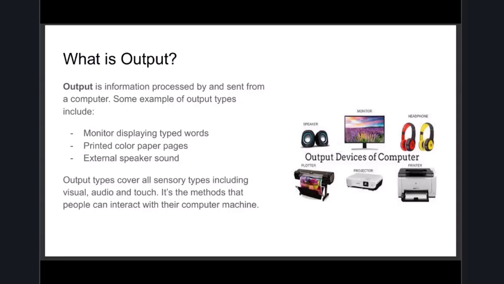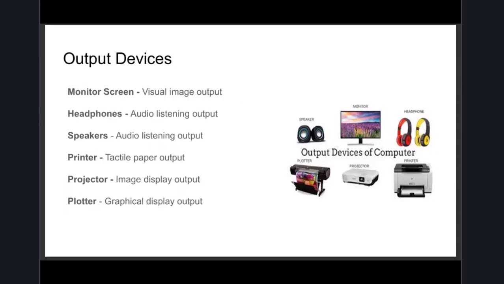One common output hardware device is a monitor or a display screen. This allows us to have visual image output. We also have headphones and speakers. Headphones and speakers allow us to listen to audio output.